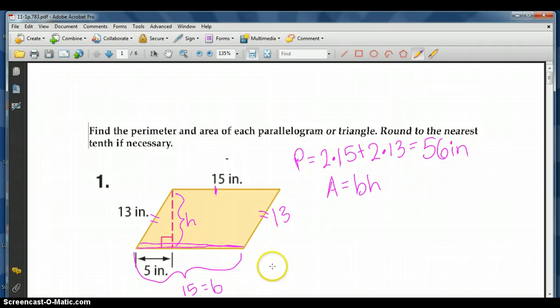To find that, we have to use Pythagorean theorem, where this side of the triangle is 5, that's A. This side of the triangle is the other leg, so that's B. And then this side is our hypotenuse across from the right angle, so that's C. So we have A squared plus B squared is equal to C squared.